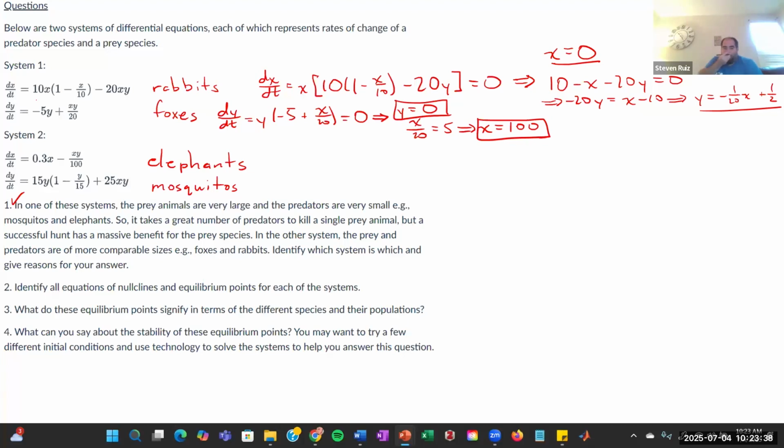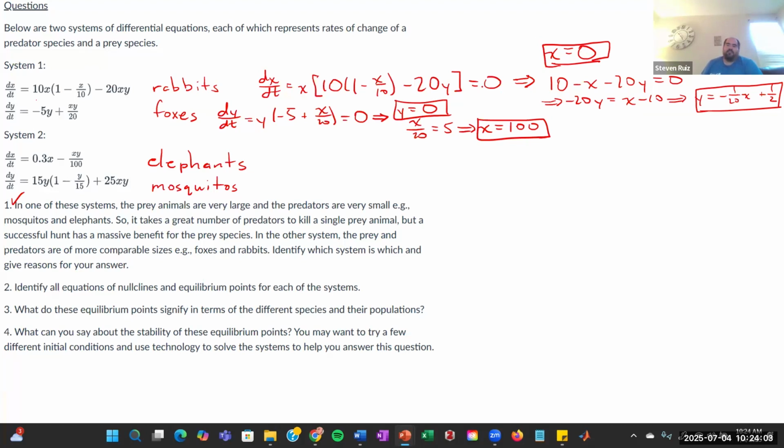Okay, so now where do I have equilibrium? For system 1, equilibrium is going to happen anywhere a rabbit null cline intersects a fox null cline. So let's start with one of the rabbit null clines, x equals 0.